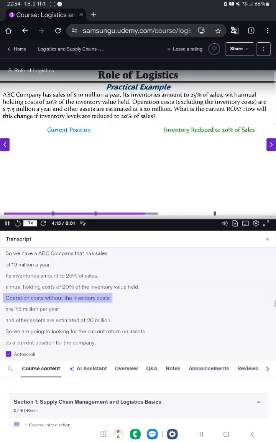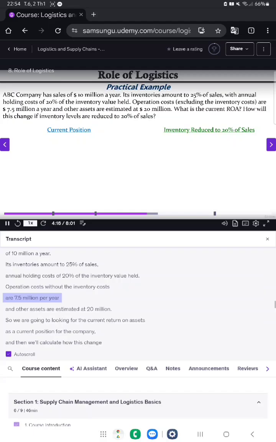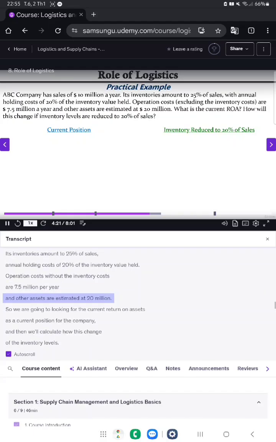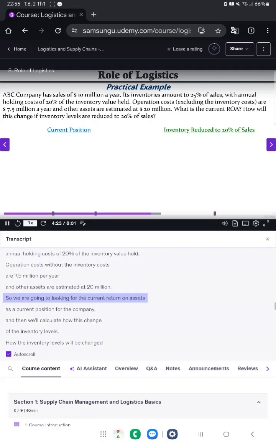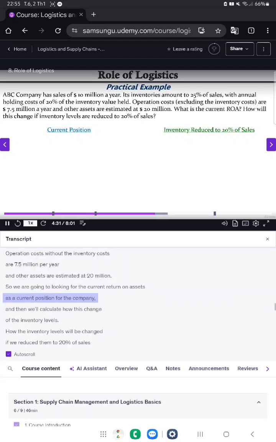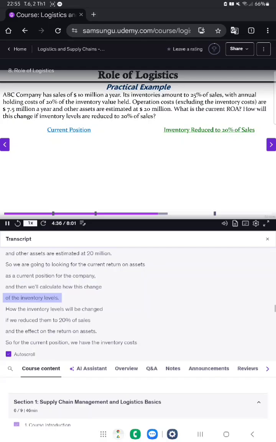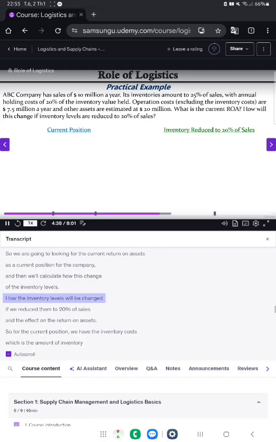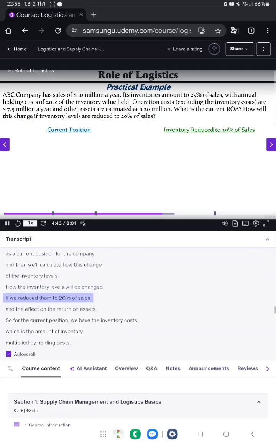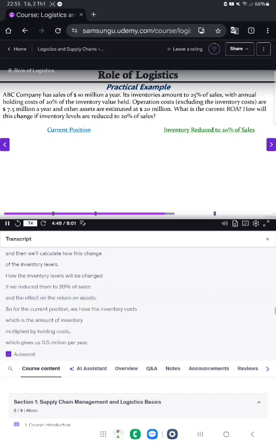Operating costs without the inventory costs are 7.5 million per year, and other assets are estimated at 20 million. So we are going to look for the current return on assets as the current position for the company, and then we'll calculate how the inventory levels will change if we reduce them to 20% of sales, and the effect on the return on assets.